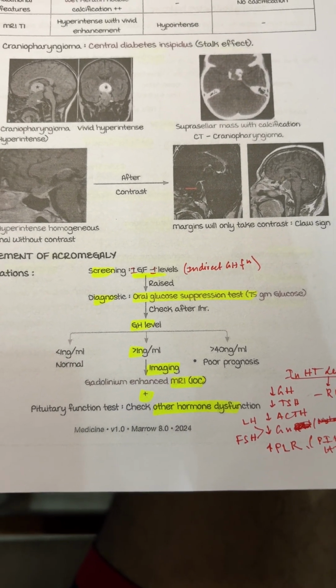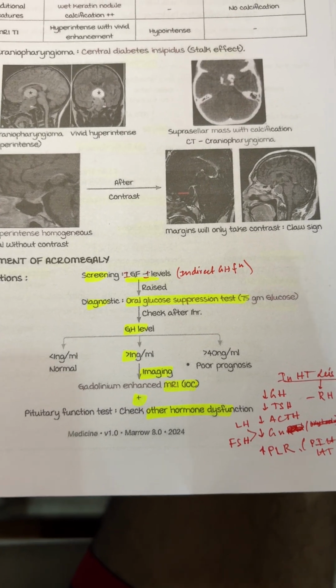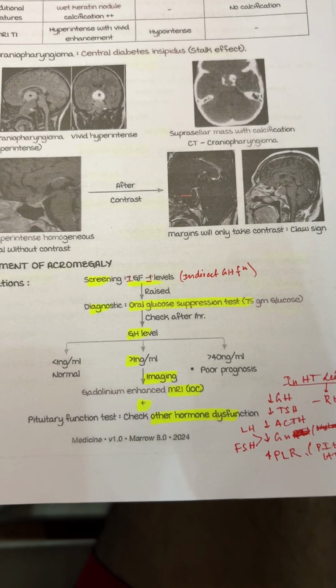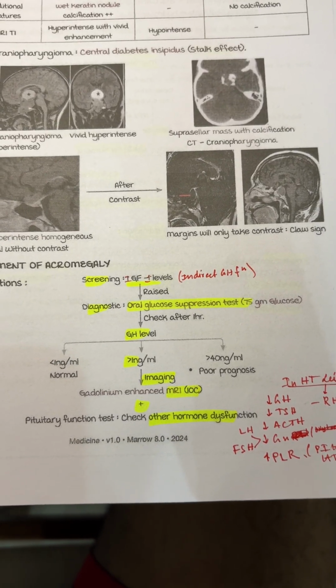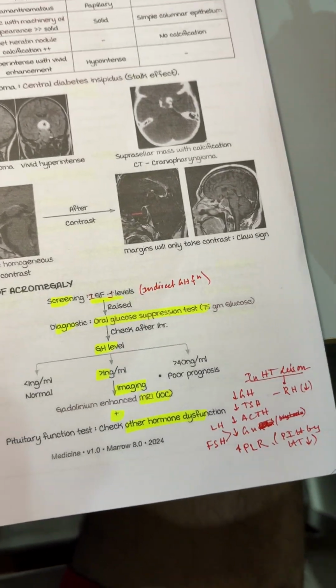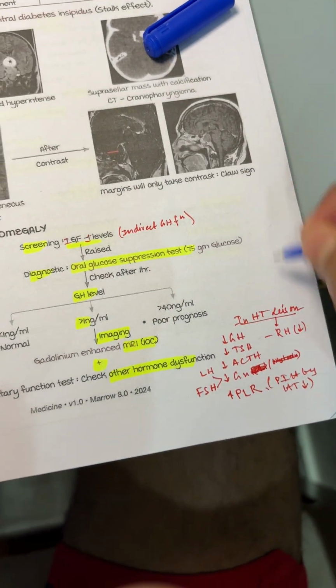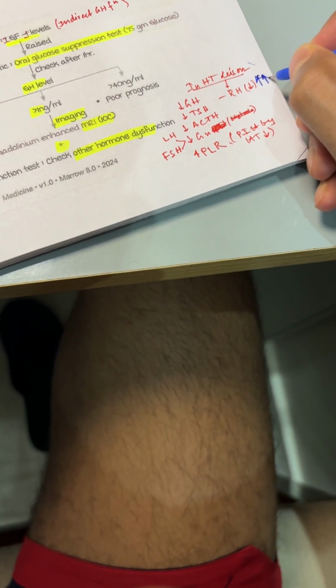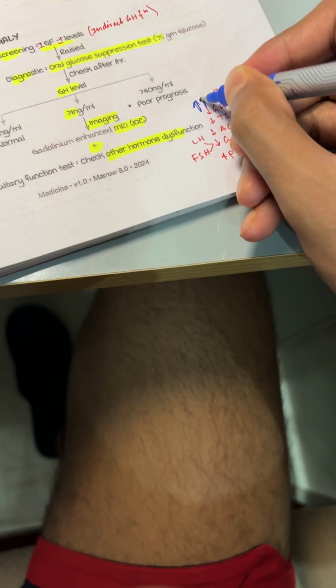It does not produce a prolactin releasing hormone. So if the inhibitory hormone is produced less, the amount of prolactin increases. Here all the releasing type of hormones will increase, and so all the pituitary hormones might also be increased.